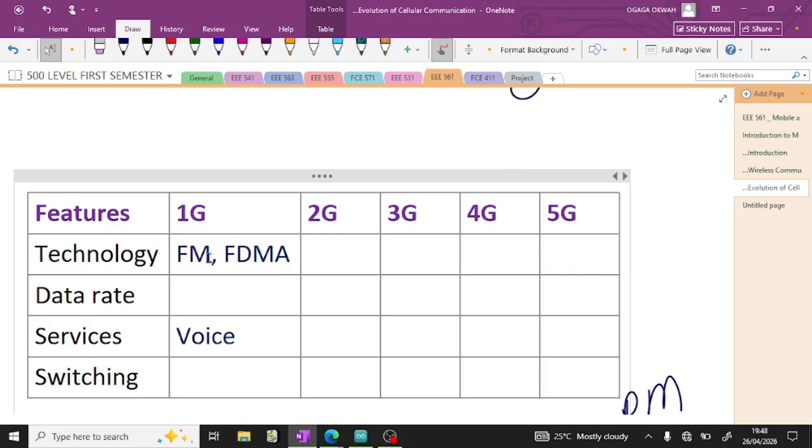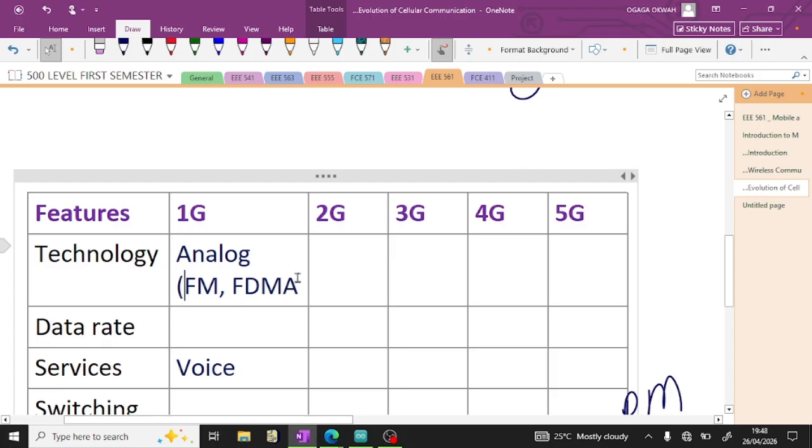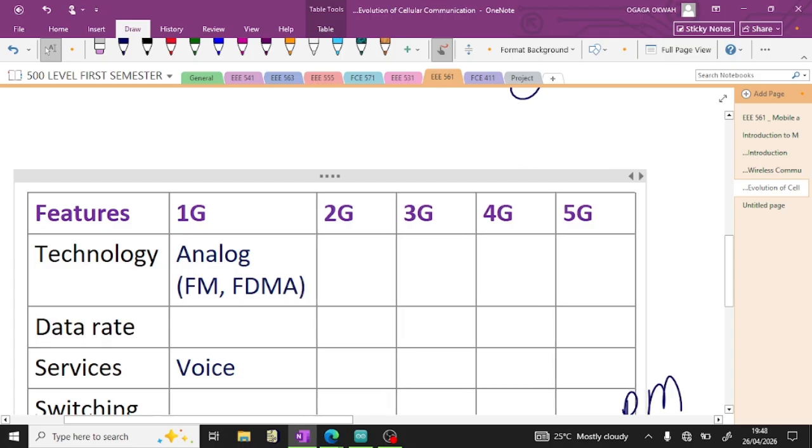Now bear in mind that in the first generation, all these things were what? Analog. So the FM analog, the FDMA also analog.